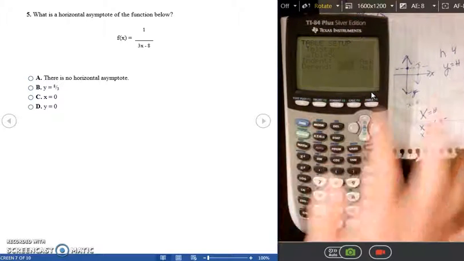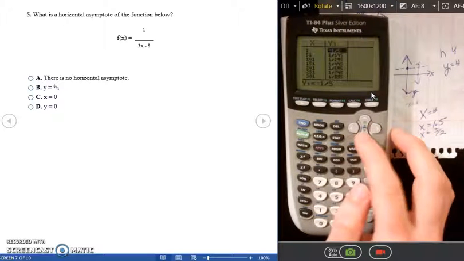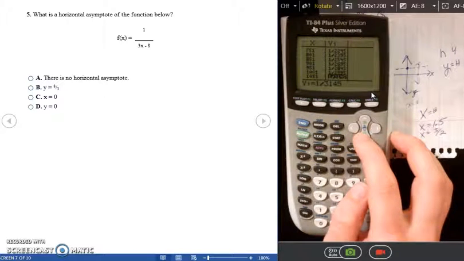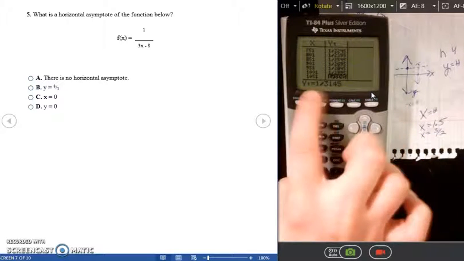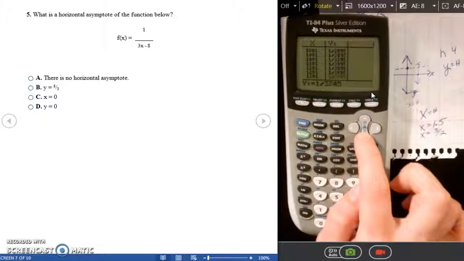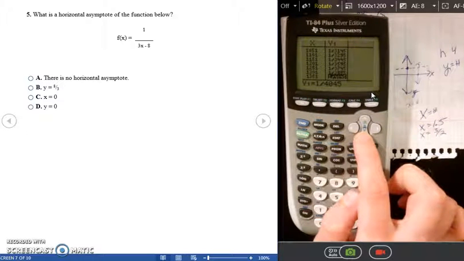And now I'm going to look at the table, and I'm looking at the y column, and as I go up the y column, what does this number get closer and closer to but never actually reaches? And so here I can see this number is getting tiny, tiny, but never actually getting to 0.